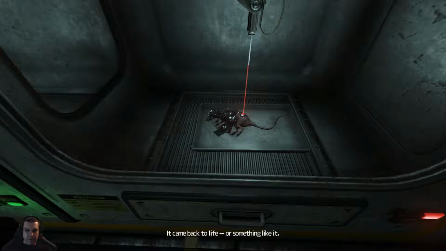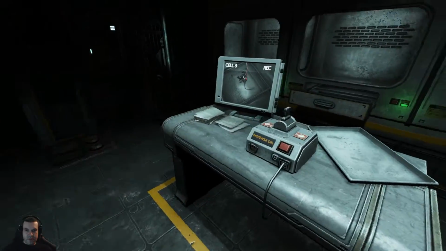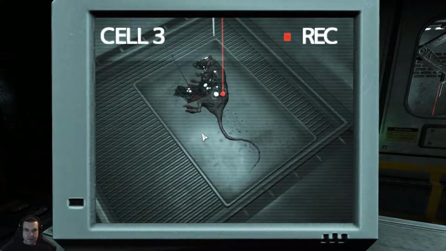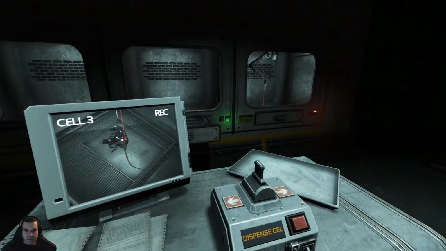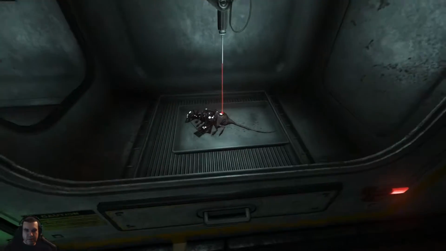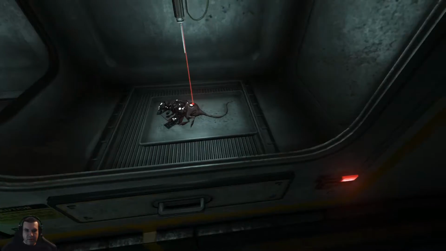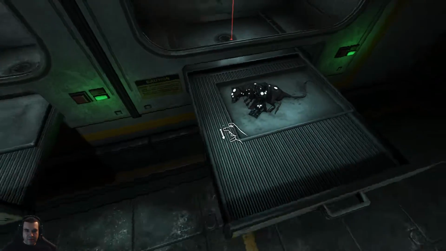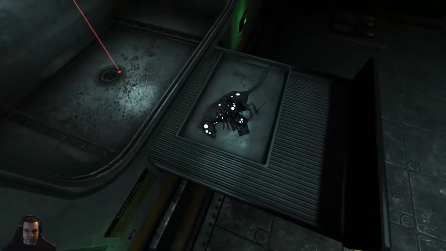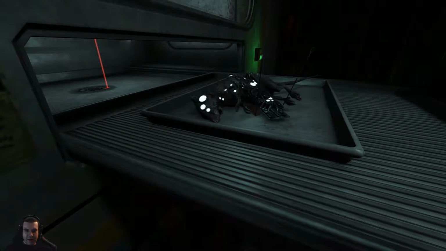Came back to life. Or something like it. I don't know if you would call that living, though. Look how nasty that is. Kinda feel sorry for that mouse bastard. Look at that nasty, ugly bastard.